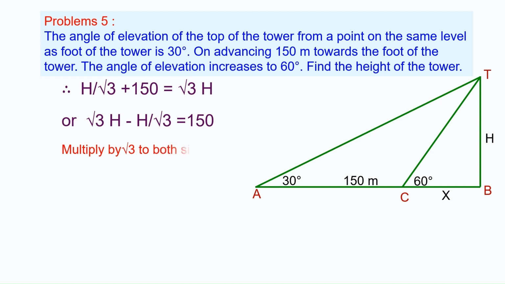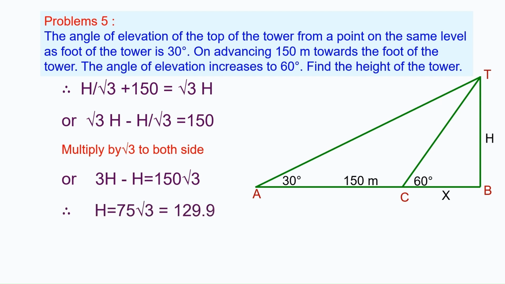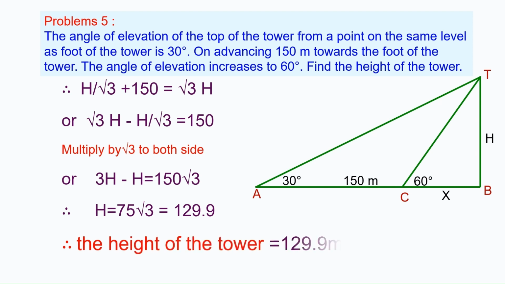We have root 3 times h minus h divided by root 3 is equal to 150. Multiply all by root 3. We get h equals 129.9. The height of the tower equals 129.9 meters.